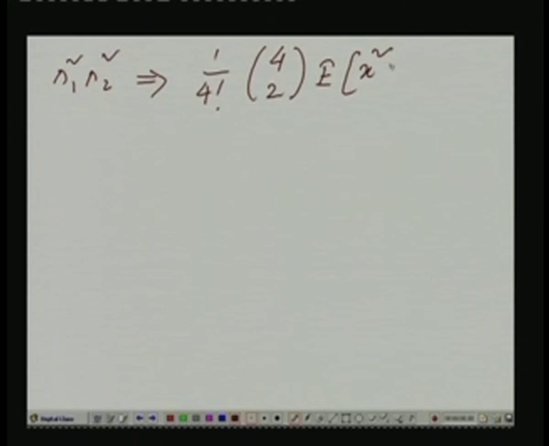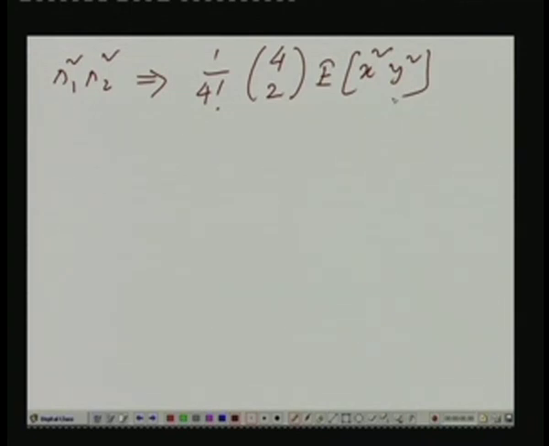I just have to write down once again S1 square S2 square, that was giving rise to this coefficient. Okay. And now we are considering this fact that x and y are jointly Gaussian with mean 0.